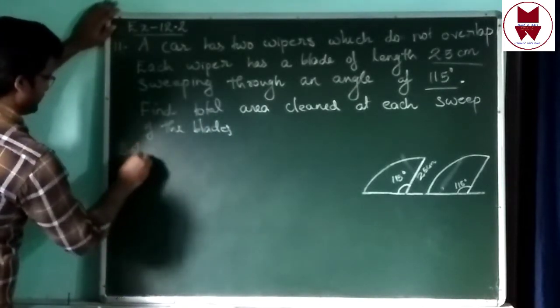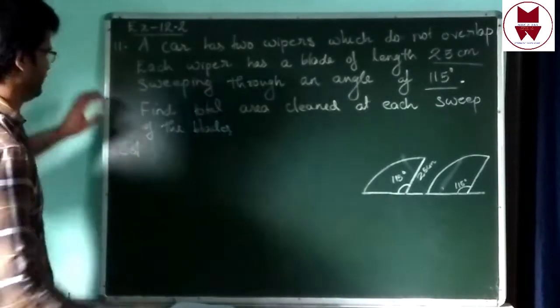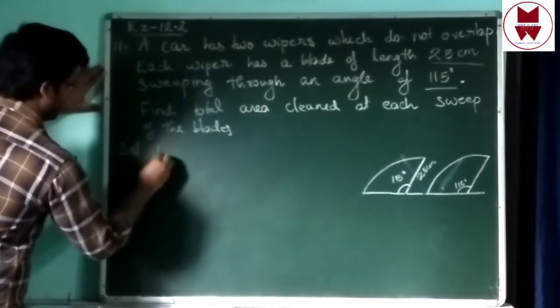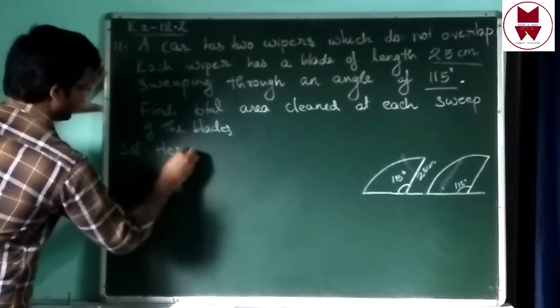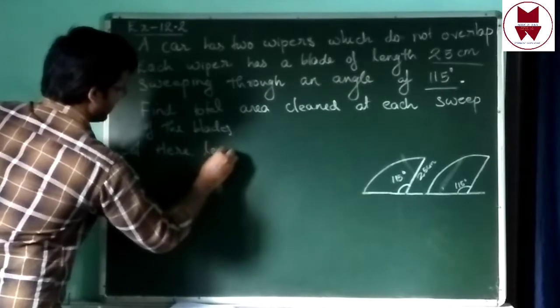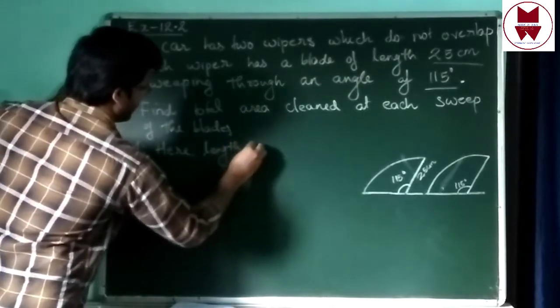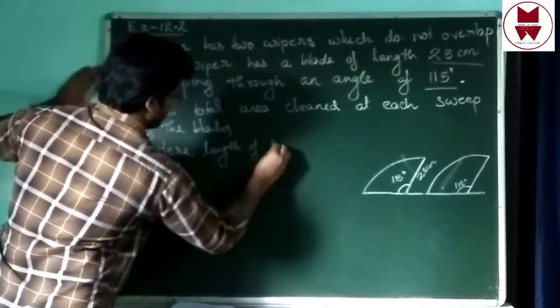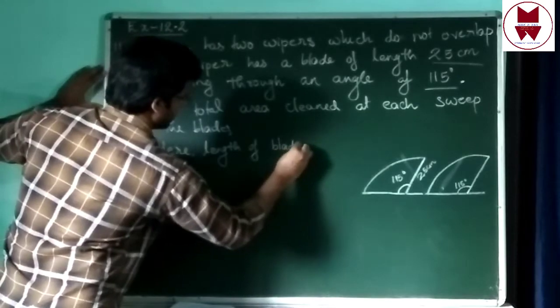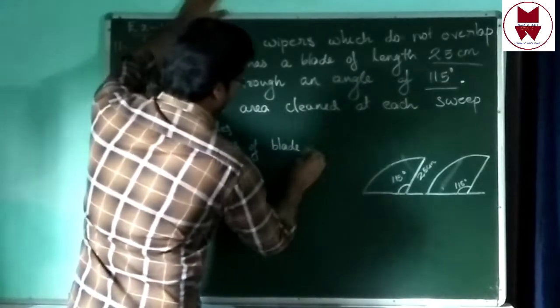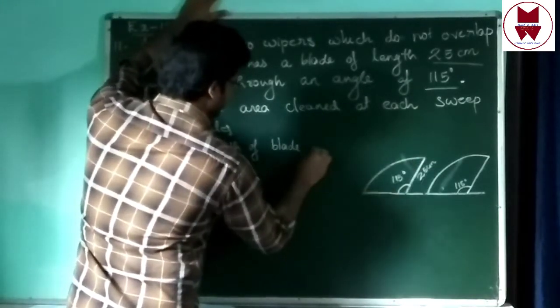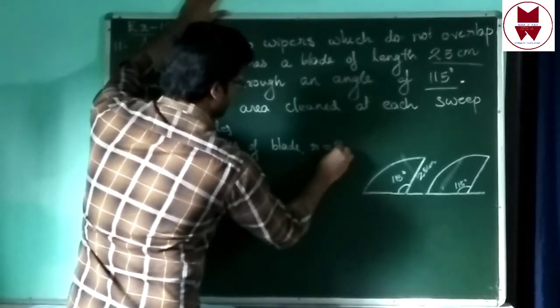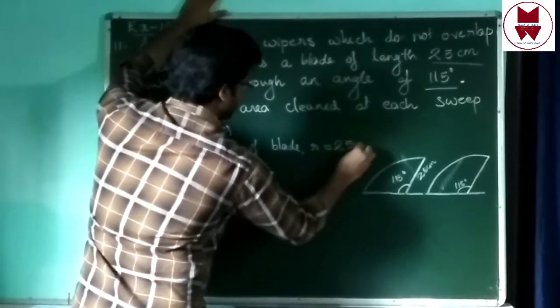Just start solution. Here that is 25 centimeter. Here a length of blade, that is, just consider radius r equal to 25 centimeters.